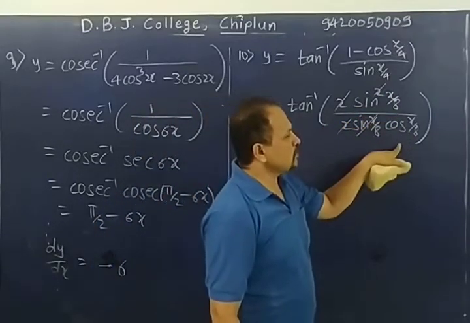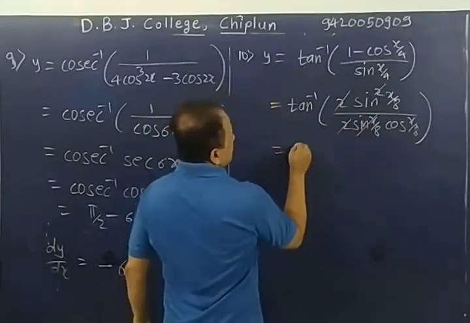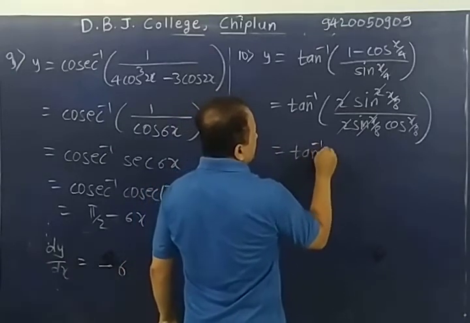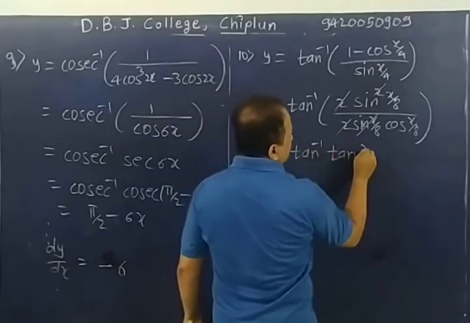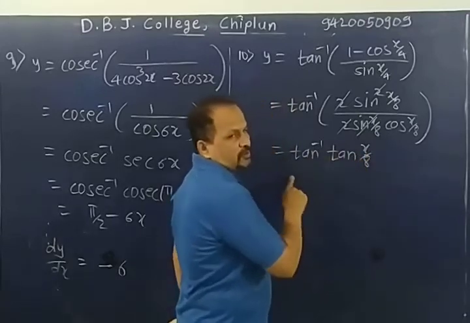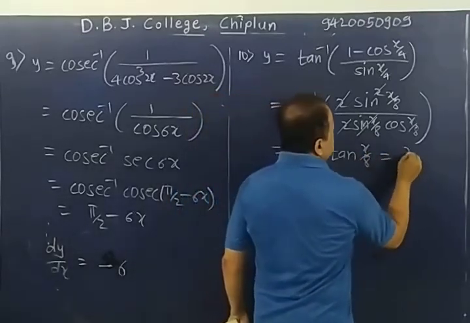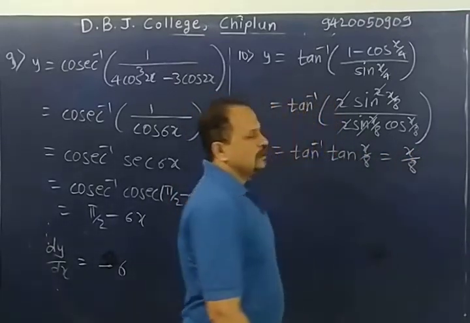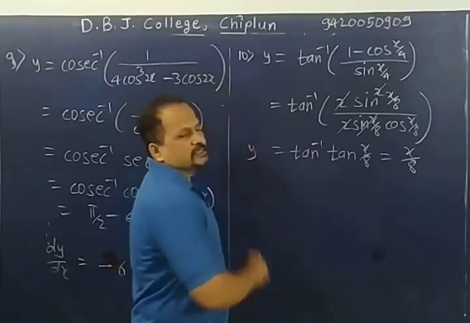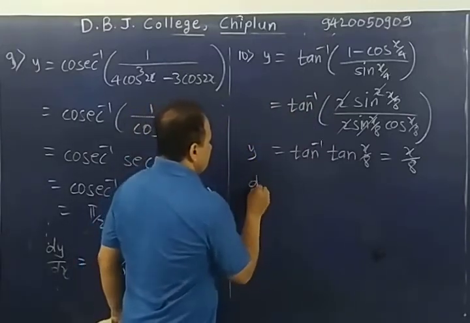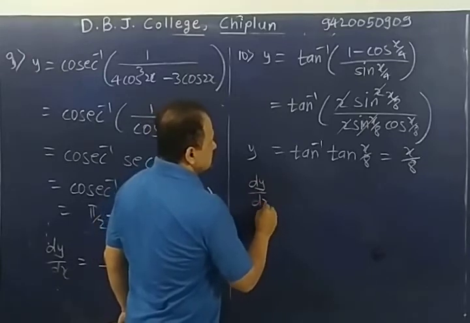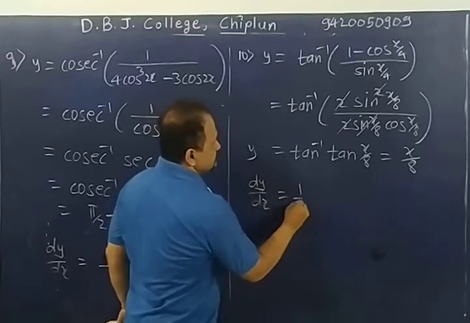Sin theta upon cos theta is tan theta. This is tan inverse tan x by 8. Tan inverse and tan nullify each other and the answer for y is x by 8, and therefore dy by dx is 1 by 8.